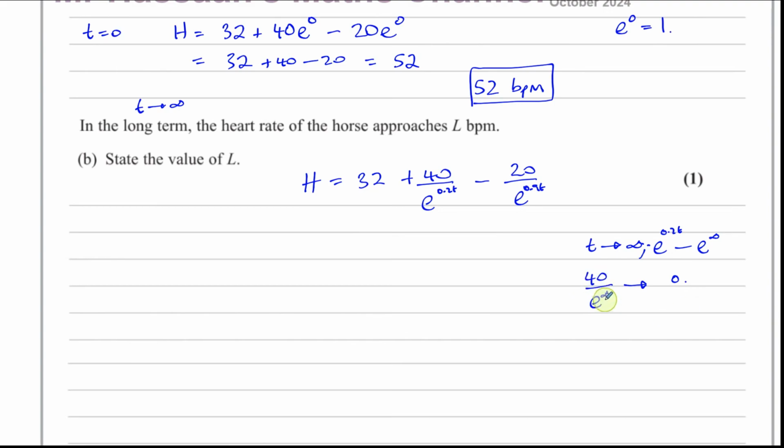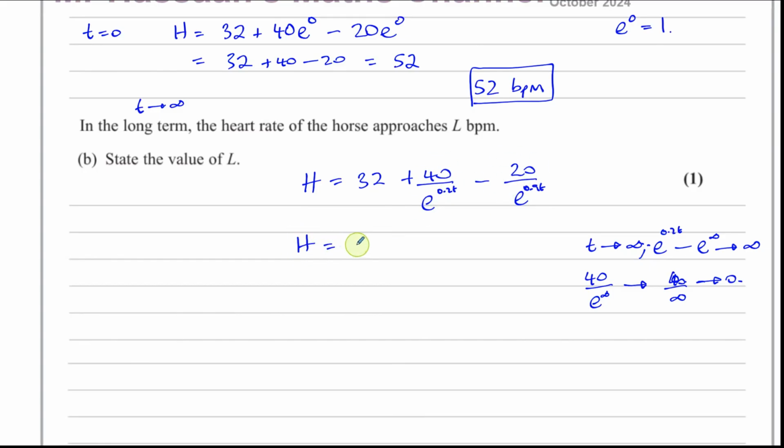If you divide something by a really huge number, it approaches 0. So as t gets really, really big, this is going to become really, really small. And so is this.